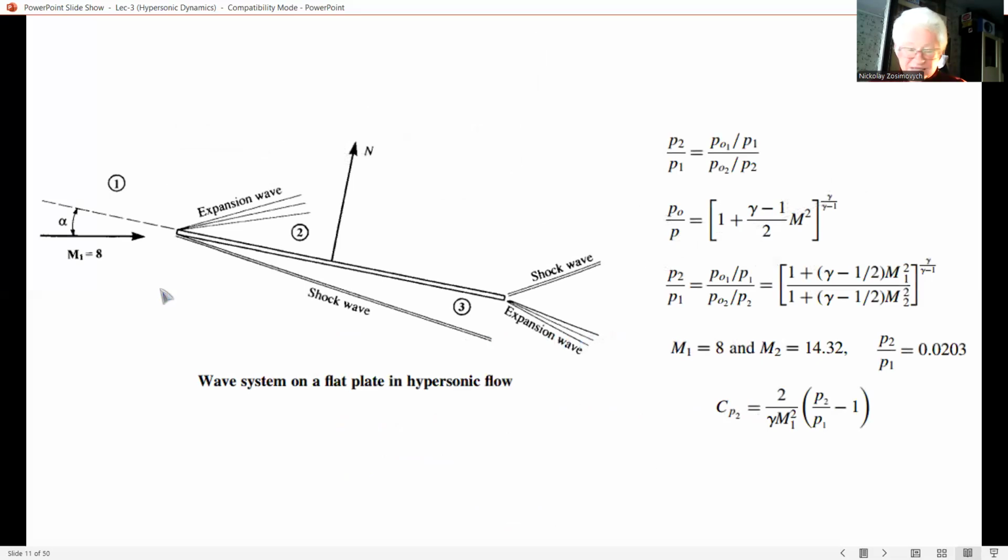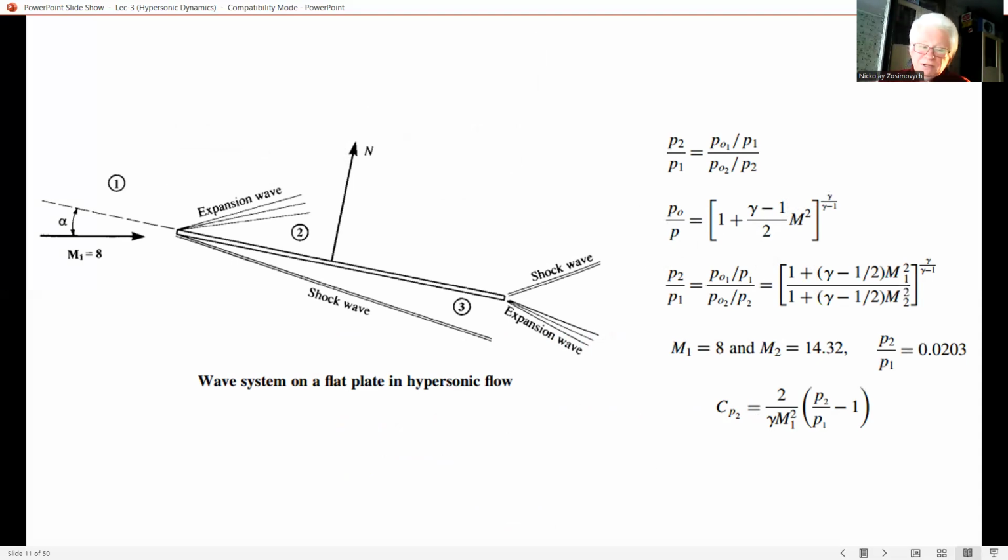For a calorically perfect gas, the ratio of total to static pressure at a point in the flow is a function of the local Mach number at that point.